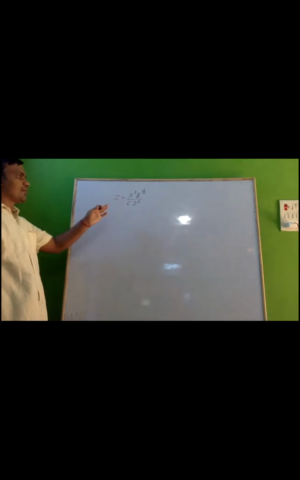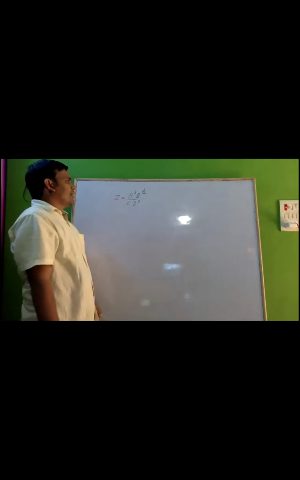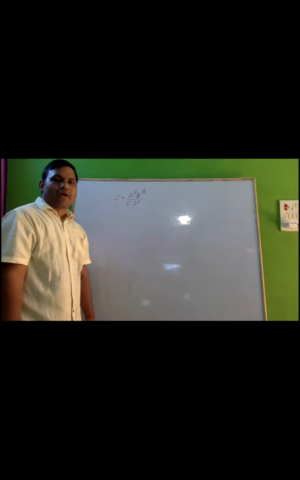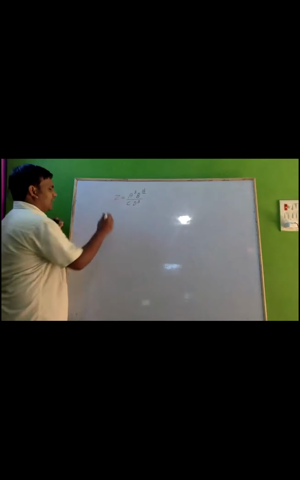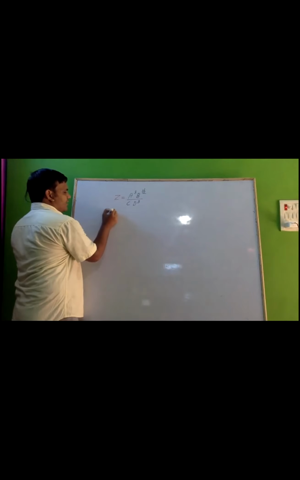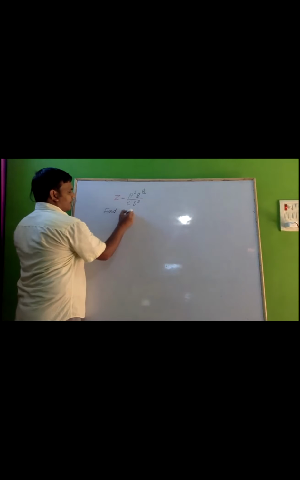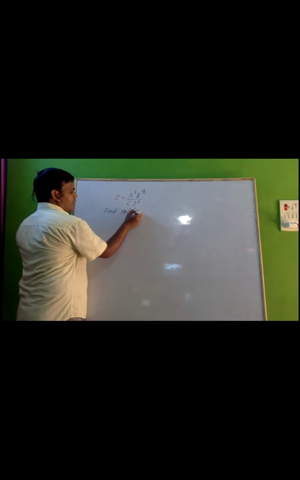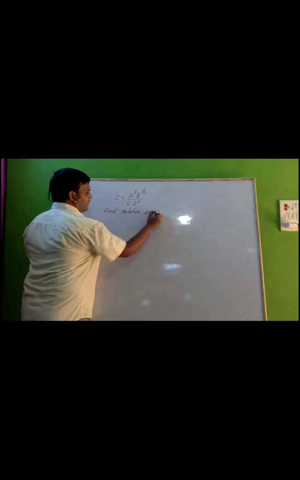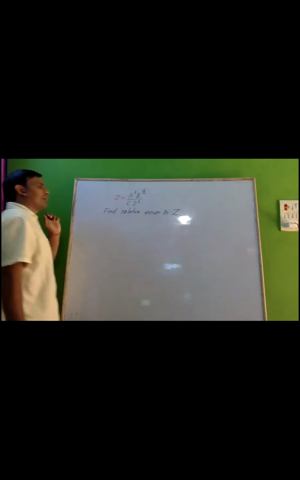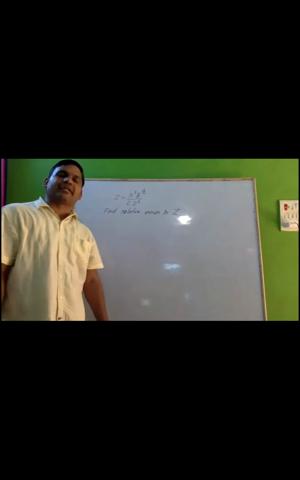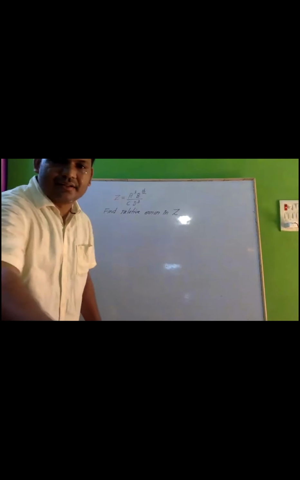So this is the question. A to the power 3, B to the power 1 by 2 and C into D to the power 3, and the question is: find the relative error in Z. What you need to find is the relative error in Z. Okay?